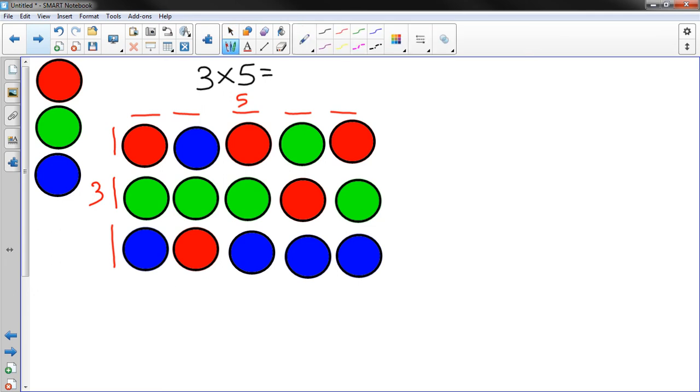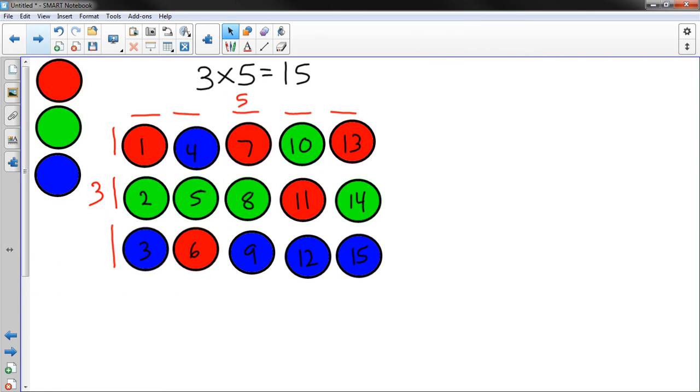You probably can't see that, can you? So 1, 2, 3, 4, 5, 6, 7, 8, 9, 10, 11, 12, 13, 14, 15. So the answer is 15.